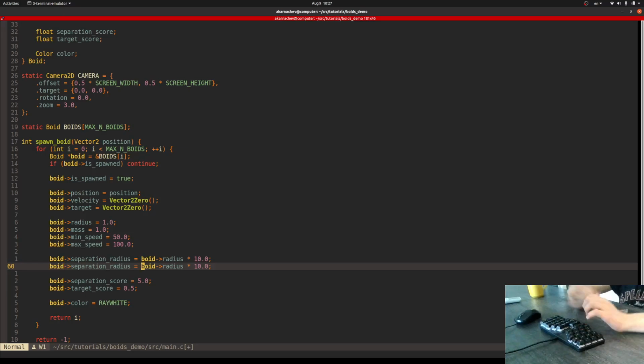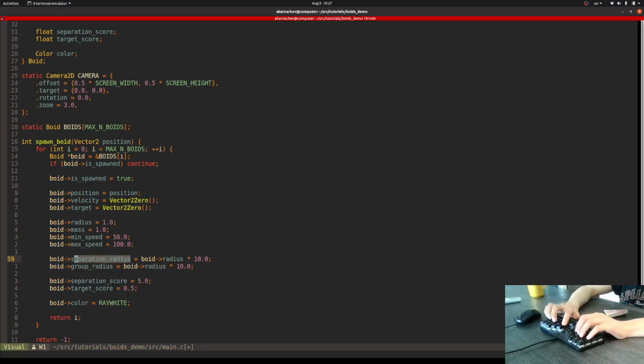And let's say that this group radius is equal to, let's say, 3 times larger than the separation radius.